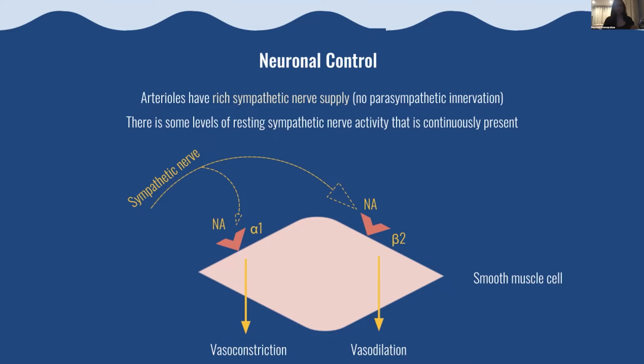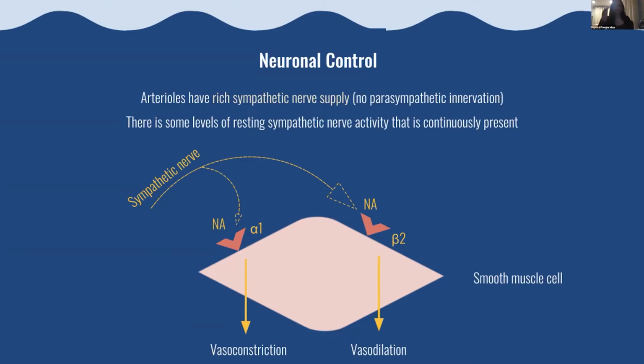And depending on whether noradrenaline reacts with one of those will change whether or not the smooth muscle contracts or relaxes. So if a sympathetic nerve releases noradrenaline and it binds to an alpha-1 receptor, the smooth muscle is going to constrict, and that's going to cause vasoconstriction.